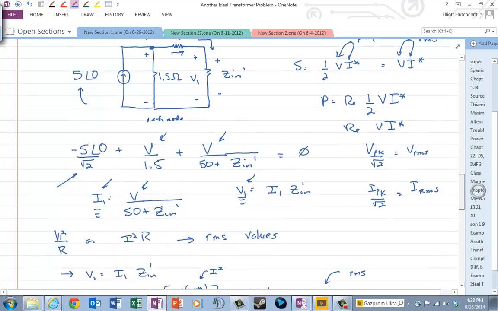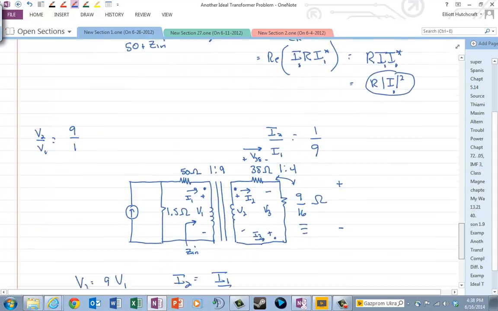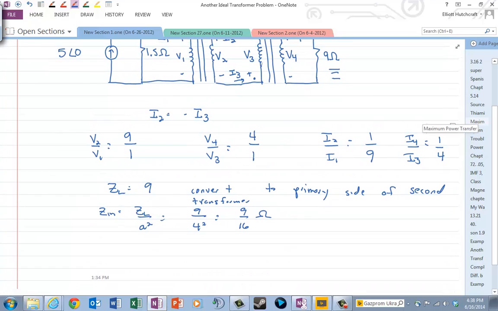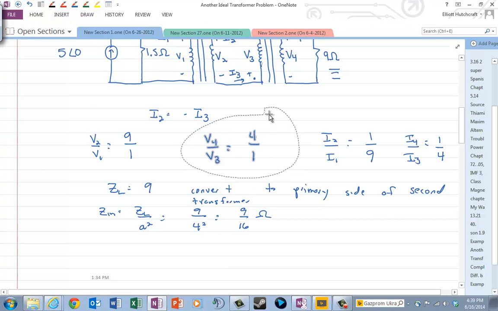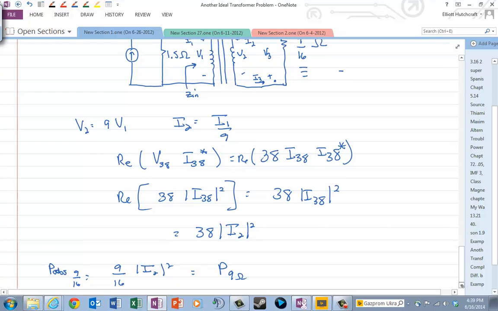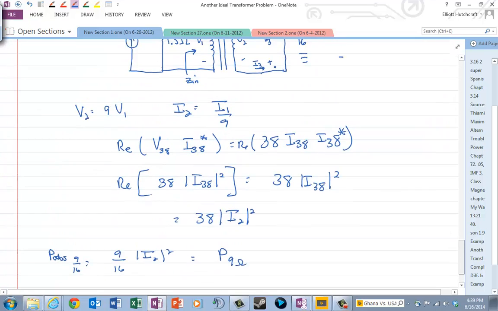If we want to do that, then we need to take our formulas that we had before: V4 over V3 is 4, and I4 over I3 is 1 over 4. Now the only other thing is, okay, we don't have V3 yet.